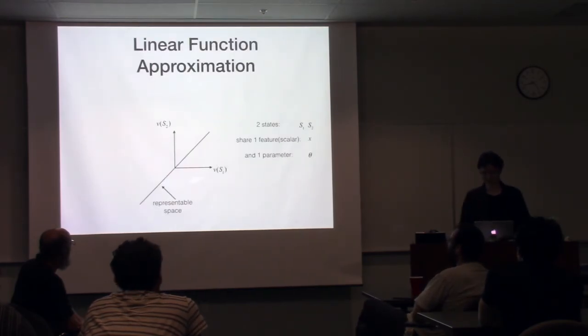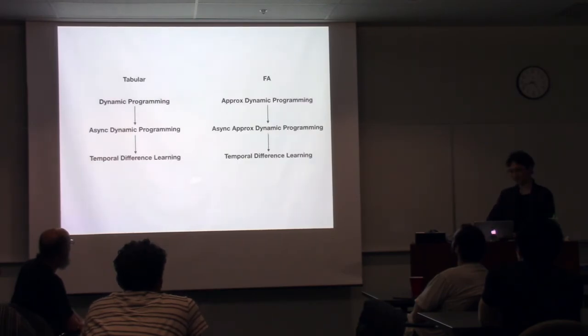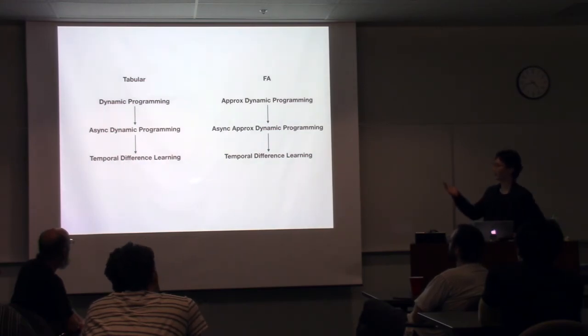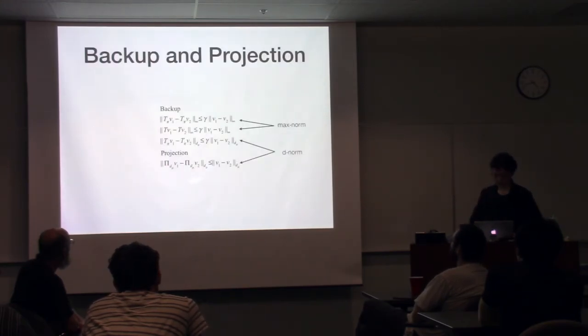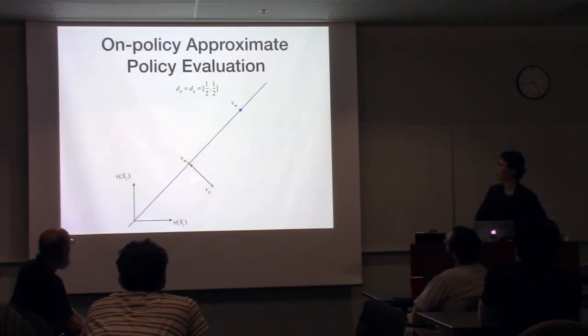So this is a linear function approximation where you have this kind of linear function. Very similar to the tabular case, we have approximate dynamic programming and temporal difference learning. Besides the backup, those contractions, we also have this projection, which is a non-expansion under the d mu norm. These are two cases, on-policy and off-policy.